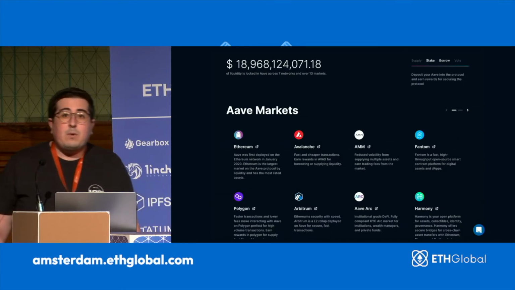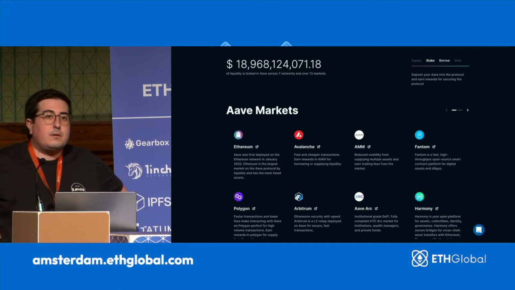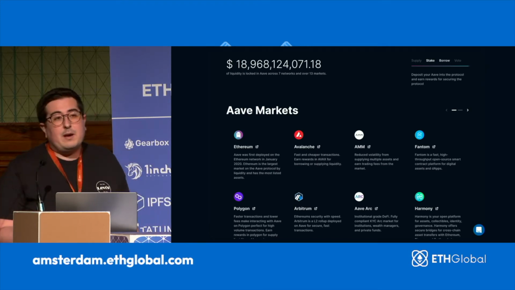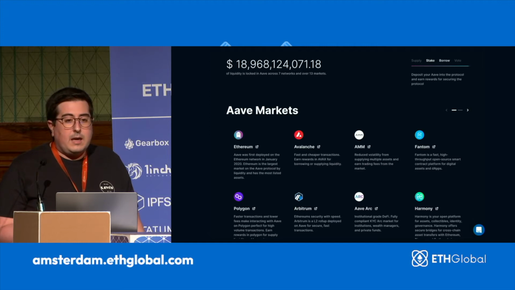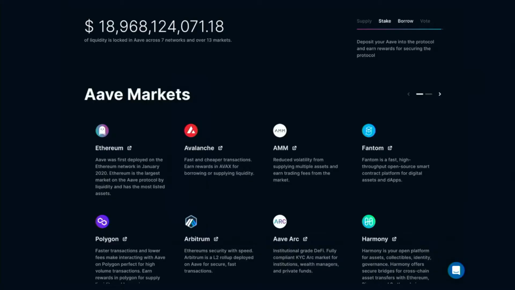Well, we launched Aave V3 about one month ago. It was well received by the Aave community, and we got the Avalanche market, which now has around 4 billion of liquidity locked in the protocol, by using liquidity incentives from the Avalanche project.